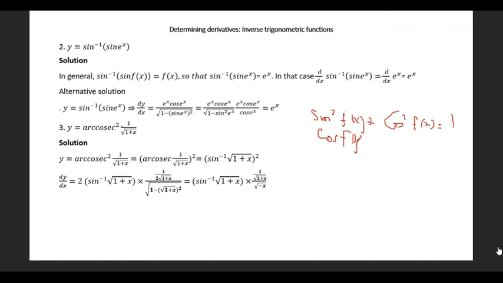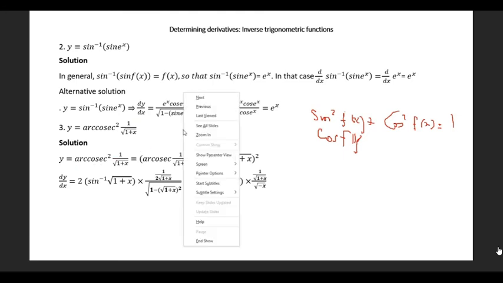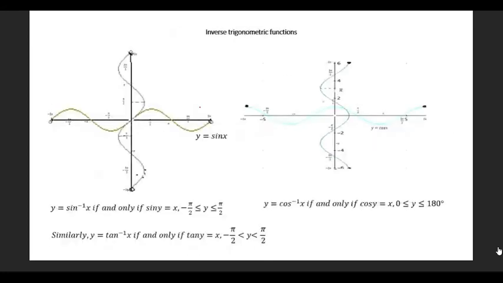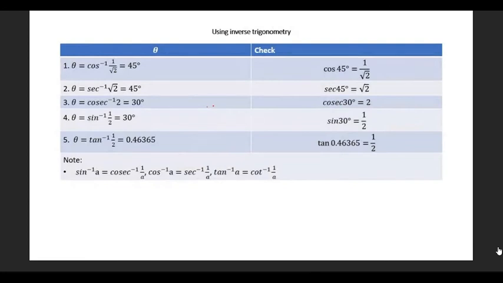Another example. If we are given that y is equal to arc cosecant of 1 over the square root of 1 plus x, then y is equal to, and now we go back to the very first observation: if we have arc sine of a, it will be arc cosecant of 1 over a.